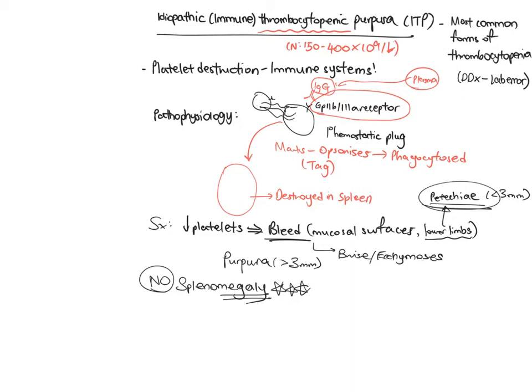There are two forms of ITP, idiopathic and immune thrombocytopenic purpura, and it's one of the most common causes of thrombocytopenia, which is low platelet count. Generally, we tend to define it as less than 100 times 10 to the power of 9, and in certain references, it could be less than 50 times 10 to the power of 9.